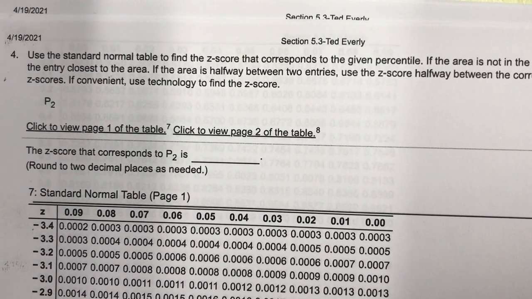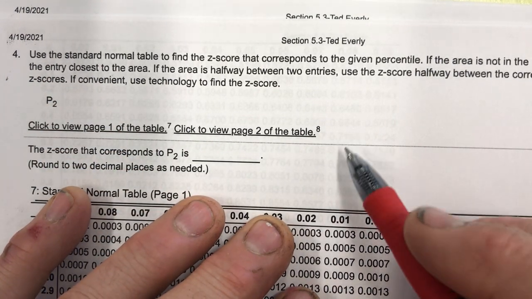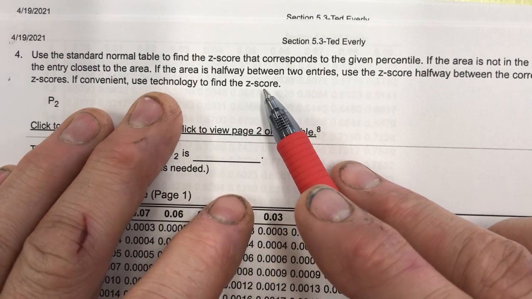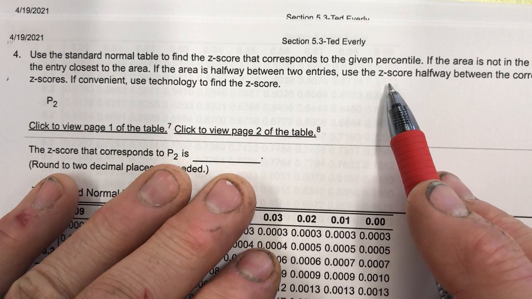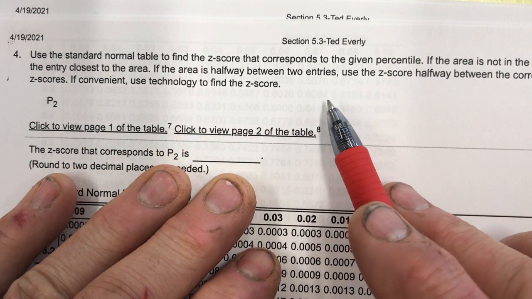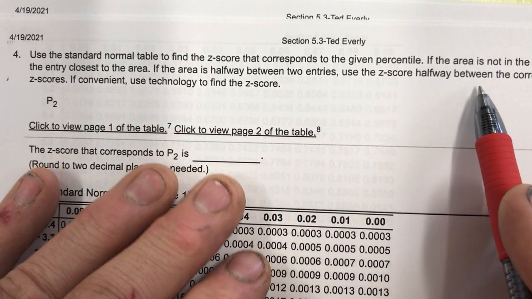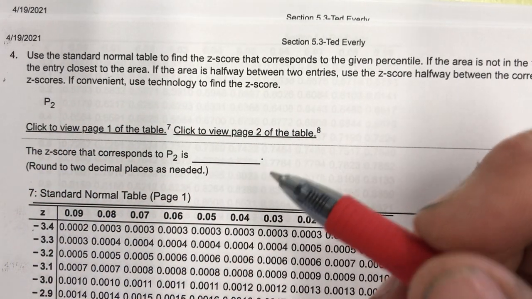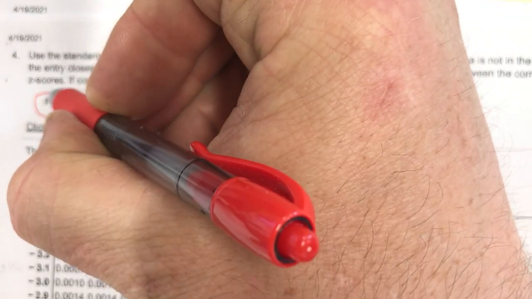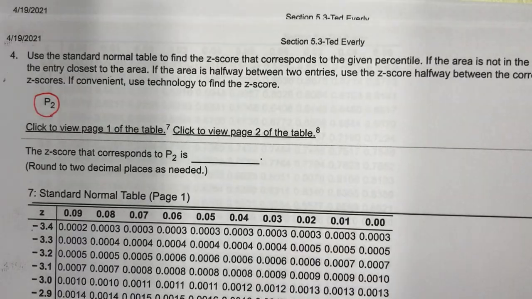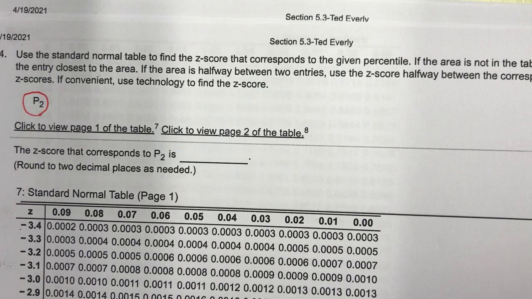Now number 4 here. Okay. Use a standard normal table to find the z-score that corresponds to the given percentile. If there is none in the table, use the entry closest to the area. If the area is halfway between 2 entries, use the z-score halfway between the corresponding z-scores. All right. So this says P2.